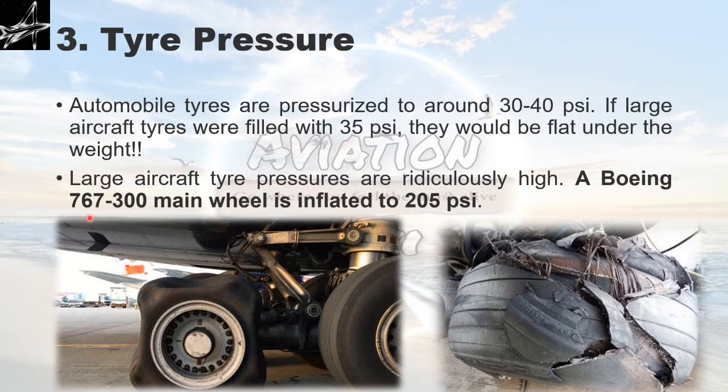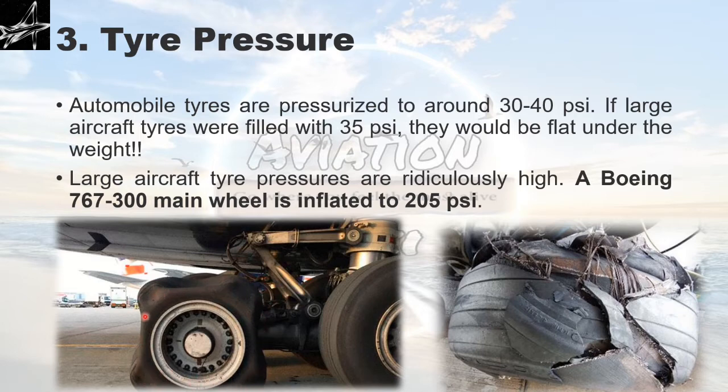A Boeing 767-300 main wheel is inflated to about 205 psi. After filling to such high pressure, you can expect a tire burst. Or if a tire gets inflated, the structure is like this, as shown in this image.